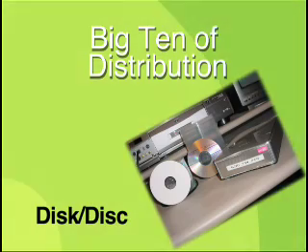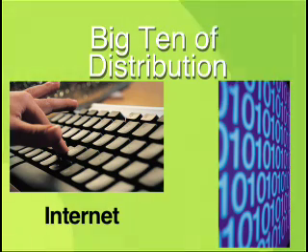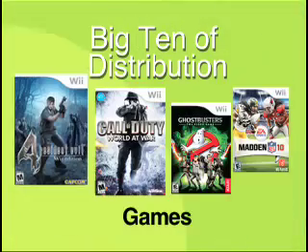We distribute on disks. In other words, I can give you a hard drive or a jump drive with my visual communications on it, or I can give you a CD or a DVD. But the internet is also a big part in what we do in distributing our visual and audio communications as well. Don't forget about games.